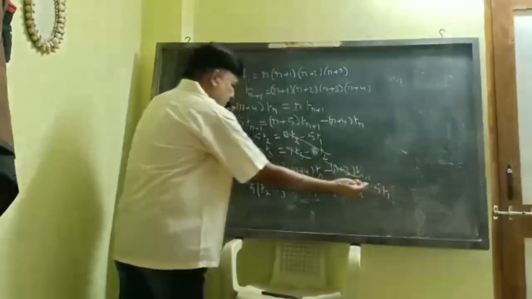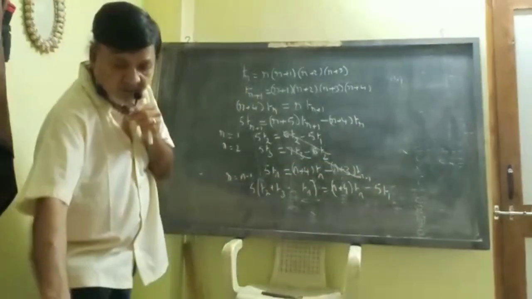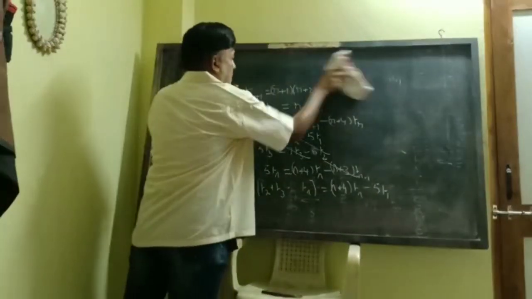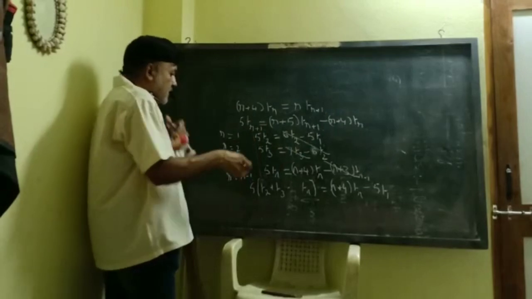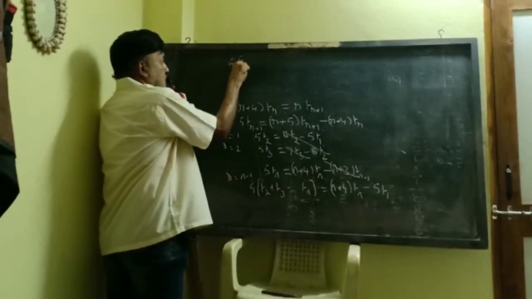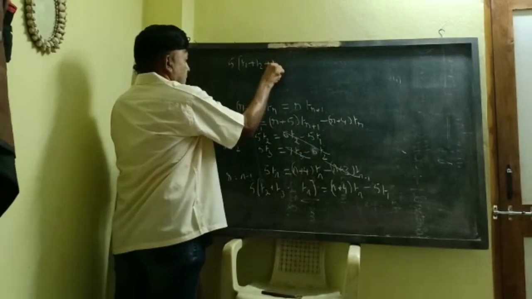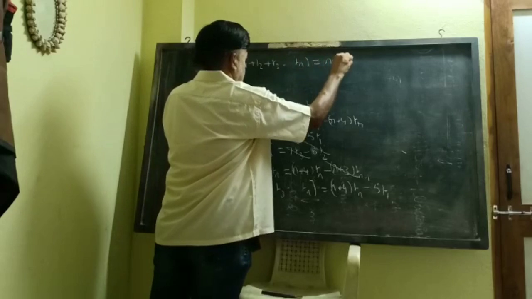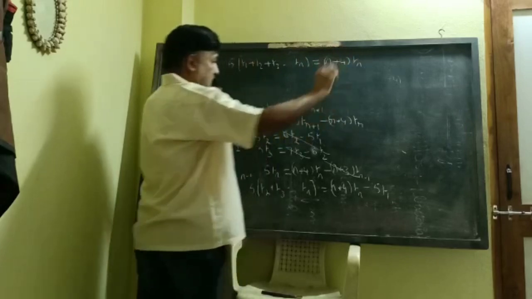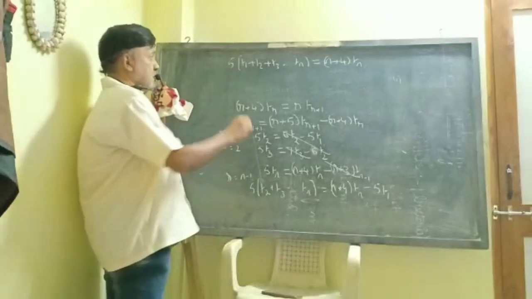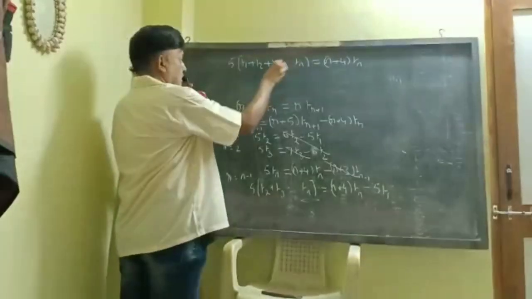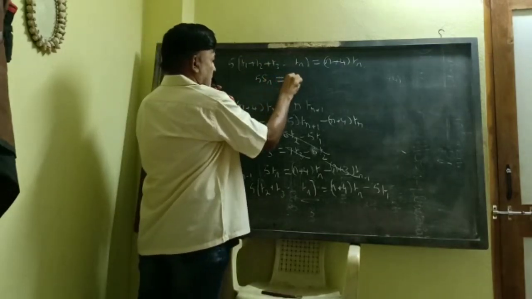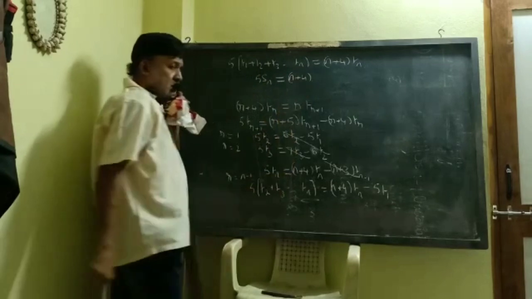You bring this 5T1 to this side. So if you bring it like this, you will get 5 into T1 plus T2 plus T3 up to Tn is equal to n plus 4 into Tn. T1 plus T2 plus T3 up to Tn is Sn. So 5 Sn is equal to n plus 4 into Tn.